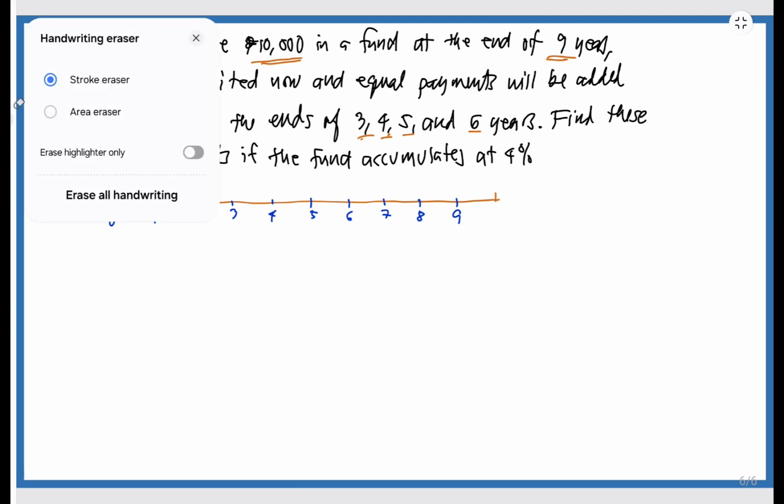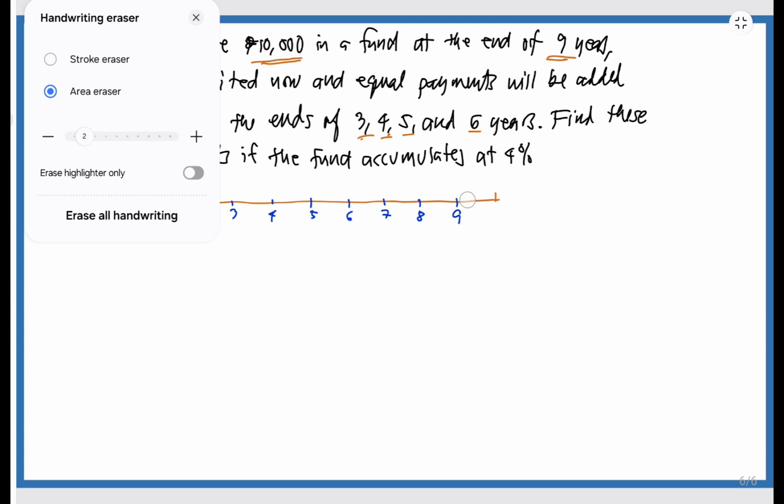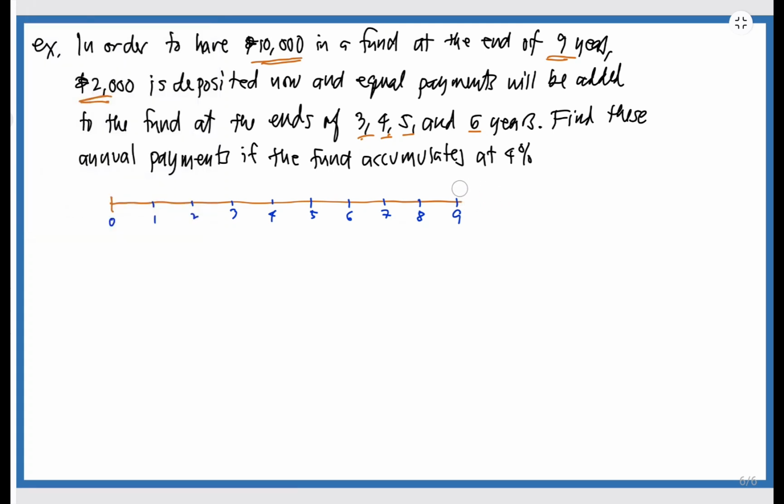So up to 9 years. Let's erase this part. Okay, so this is year 9.